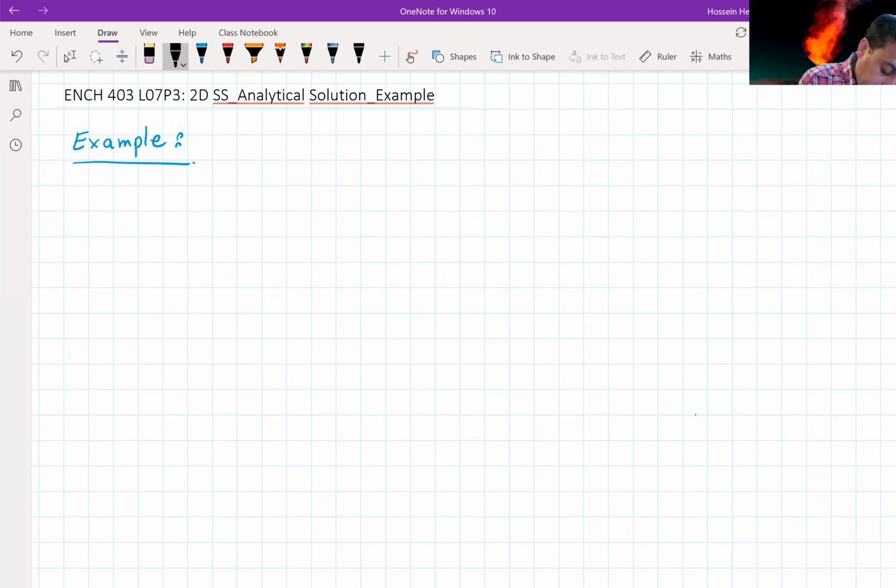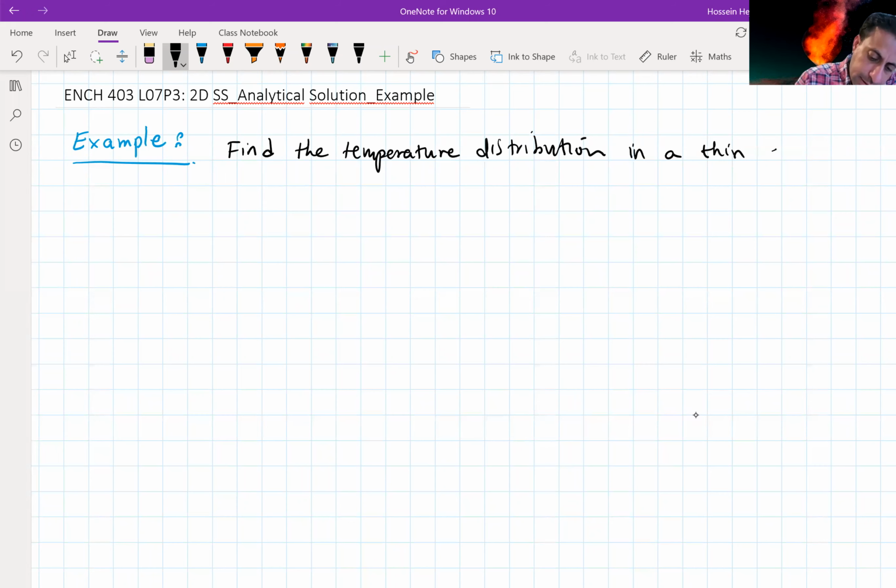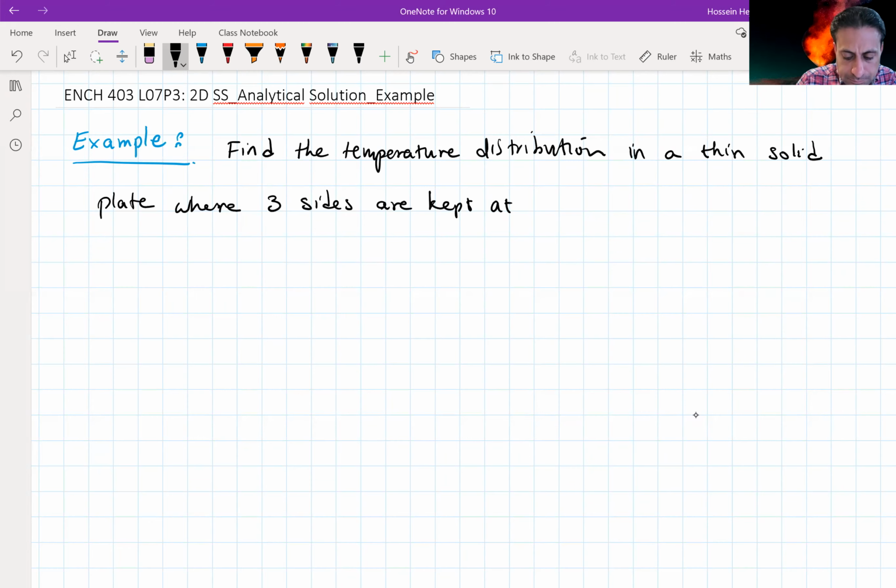We want to find out the temperature distribution in a solid plate where, let's assume, 3 sides are kept at 0 degree C.